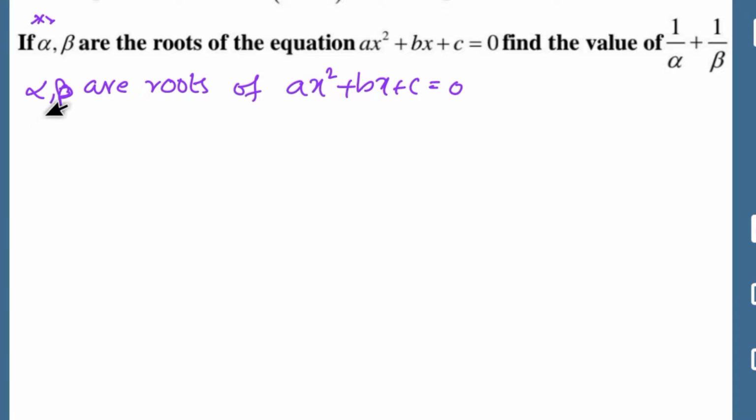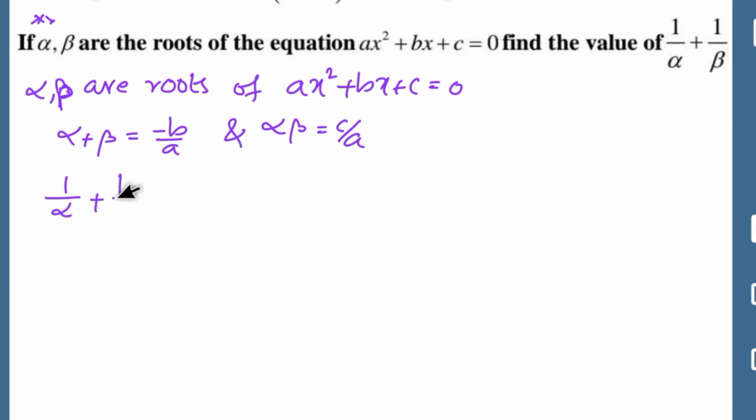So if alpha beta are the roots of the quadratic equation, what are the sum of the roots? Sum of the roots formula is minus b by a and product of the roots c by a. So what is the question here? Find the value of 1 by alpha plus 1 by beta. So what is the LCM? Alpha into beta.